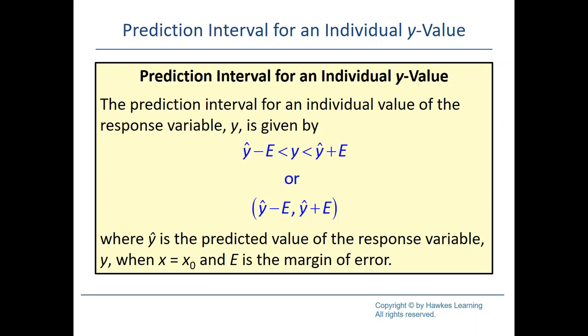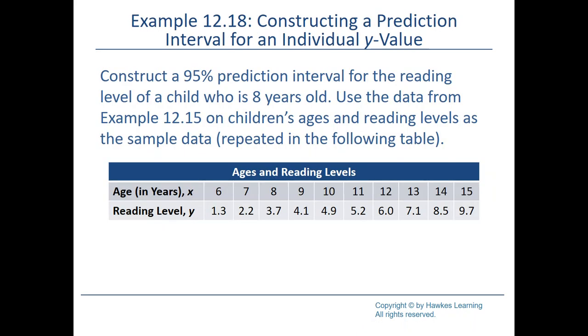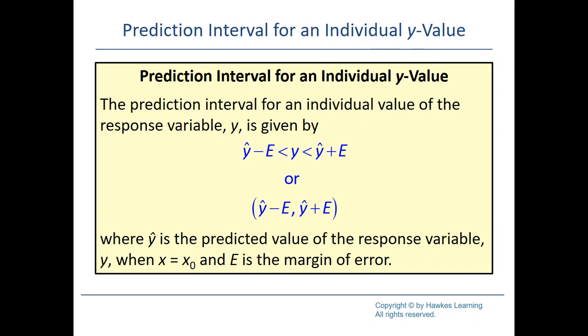Now, the prediction interval for an individual value of your response variable y is basically, you need to know what your y hat is, and then you're going to add and subtract that E, the margin of error.